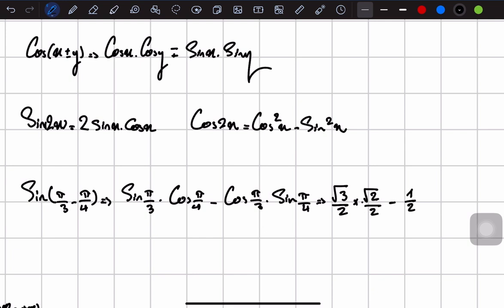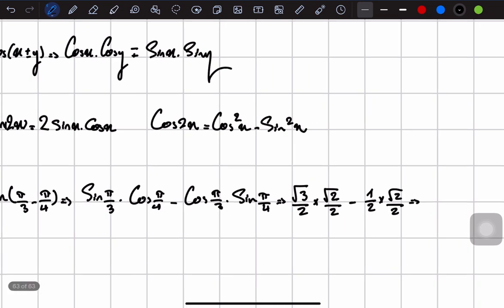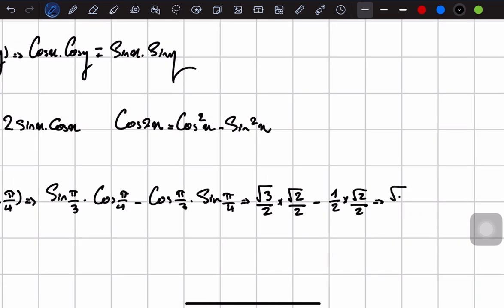If you remember what I said about this one, this is why I said the opposite. Times, what is the sine of pi over 4? As we said before, the sine of pi over 4 is equal to the cosine of pi over 4, which is square root of 2 over 2. And now this one is square root of 6 over 4 minus square root of 2 over 4.